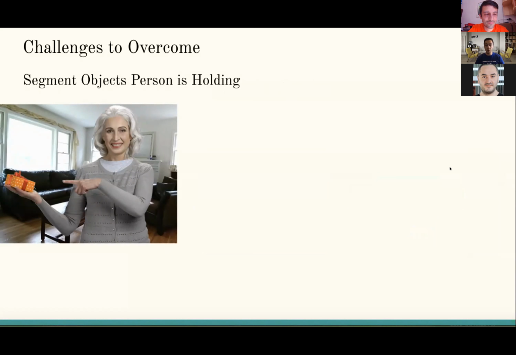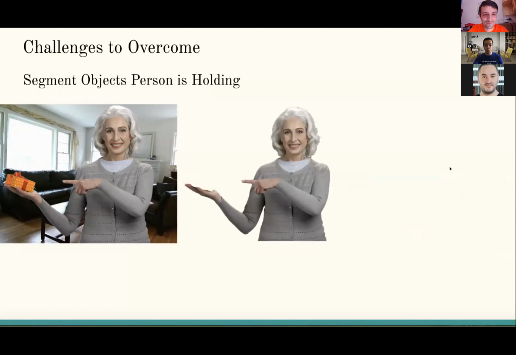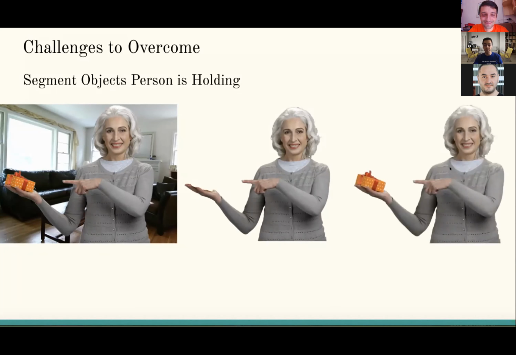However, when you are training a human segmentation network, it will segment just the human part. Instead, you would like to get the gift part too. Actually, it's not such a trivial task to solve, and it requires a lot of research to do so.